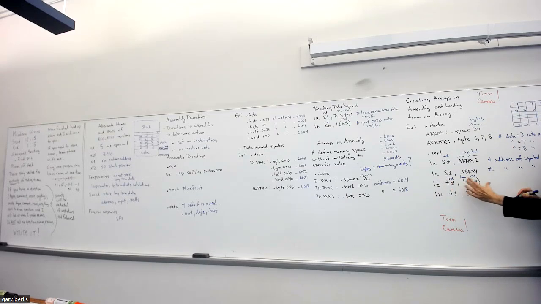So what do you think is going to happen? What is this load byte instruction going to do here? So the second byte in array 2. Right, so what data is it going to put into register T0?